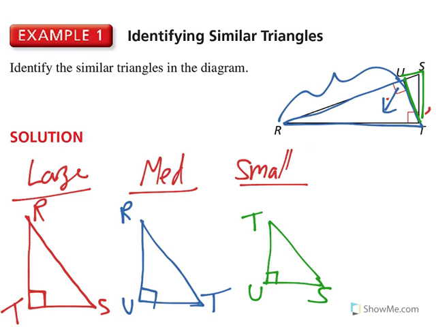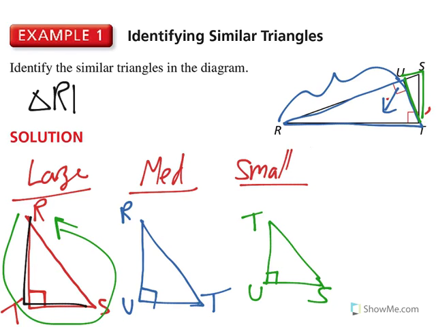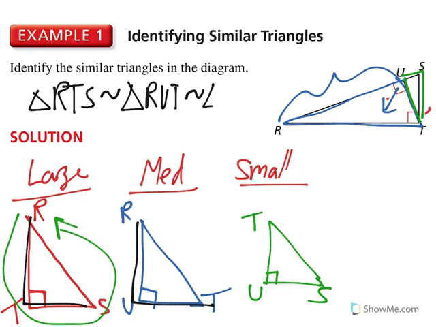Going around this direction, my first one, triangle RTS, would be similar to triangle, going this way again, RUT, and it would be similar to triangle TUS.